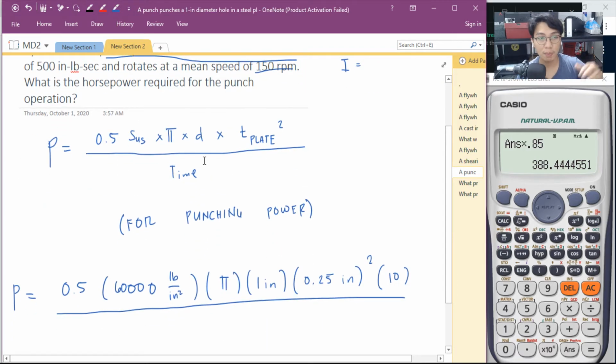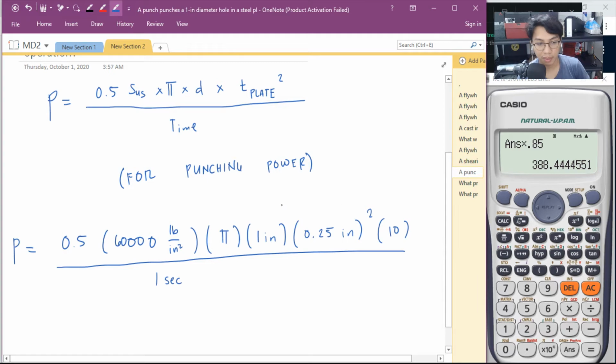So, the total power ang kinukuha mo dito. And then, 1 second yung time. Tingnan nyo, ano yung mga concept dyan. Pound, inch squared, inch, pound, inch. So, meron tayong factor, di ba?